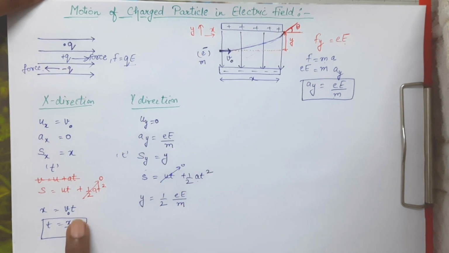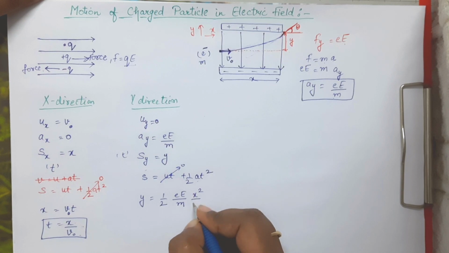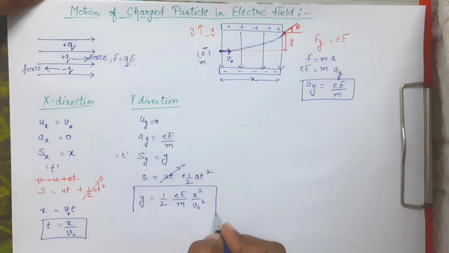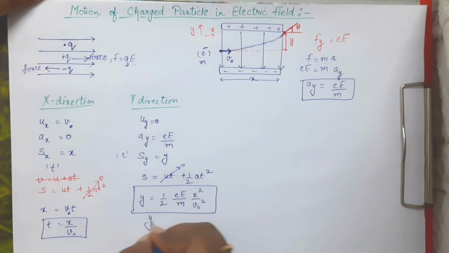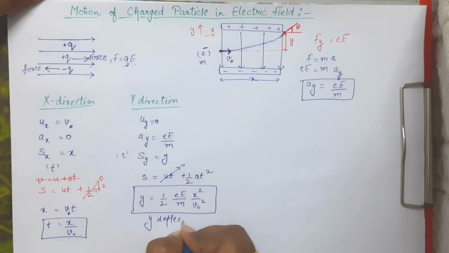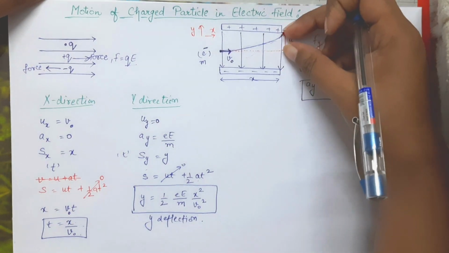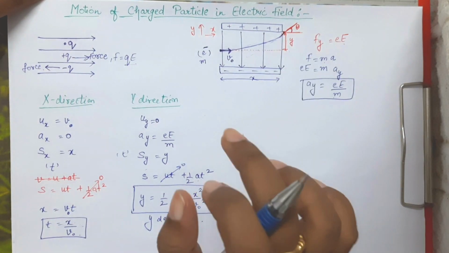Instead of t, I am using x by v naught because time is same for both, right? So it will be x square by v naught square. This will be the value of y, that is the y deflection, the deflection along y direction, right? So we have found how much it has deflected along y direction.